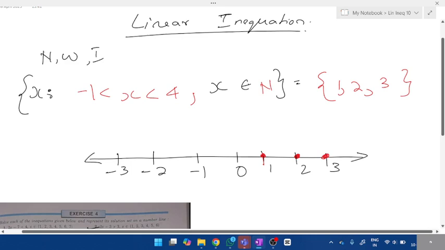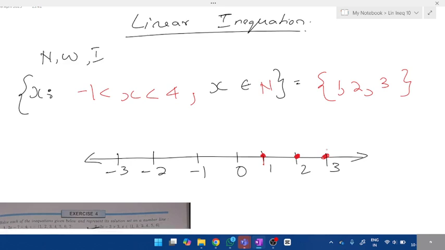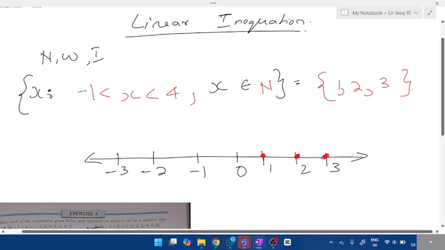This is how you plot it on the number line. Make a note of this. If you want, you can write even a fourth value like this, 4. There are two ways of plotting. This is the first method. You have to keep dots.